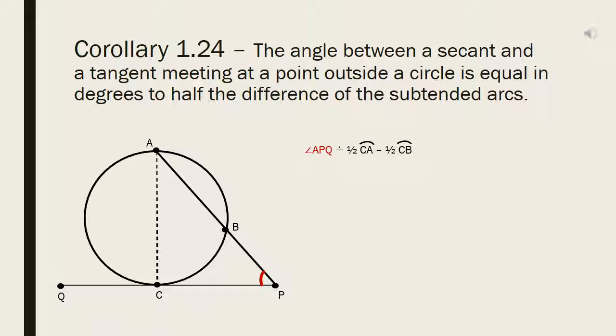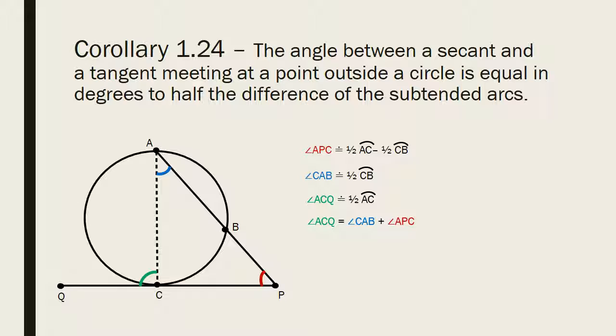So first we can say that angle CAB is equal in degrees to 1/2 of arc CB because angle CAB is an inscribed angle. We can also say that angle ACQ is equal in degrees to 1/2 of the arc AC by theorem 1.23, which was just proved. We can use some algebra and say angle ACQ is equal to angle CAB plus angle APC, which was mentioned in theorem 1.4.